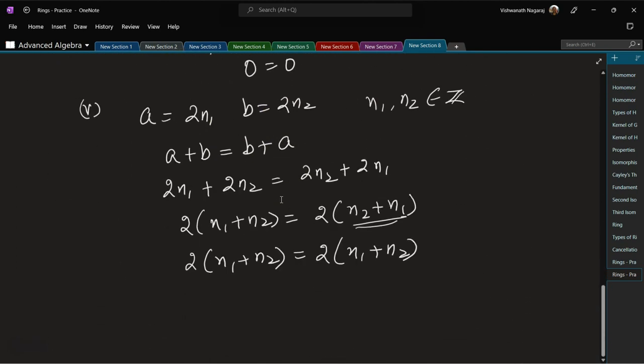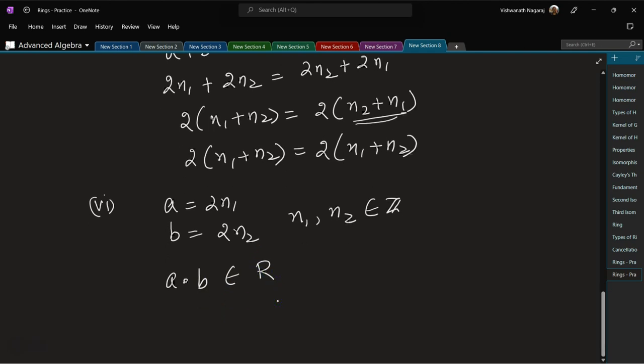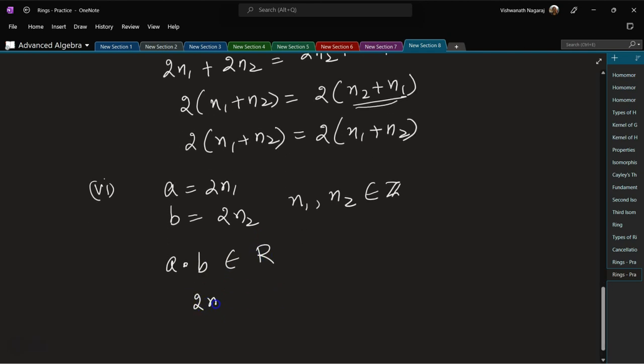Now closed under multiplication. So if we have A is equal to 2n1, B is equal to 2n2, where n1 and n2 belong to Z, A times B should also belong to R. So let's see, 2n1 times 2n2 is equal to 2 times 2 is 4, times n1 n2.